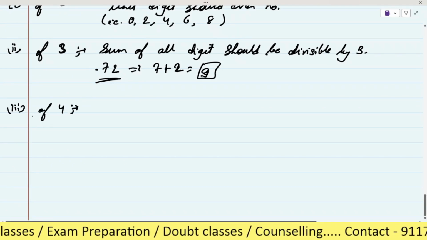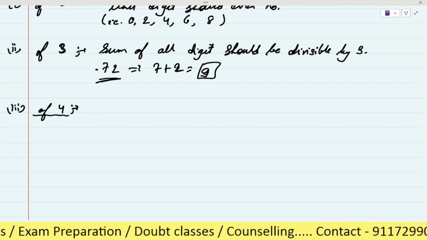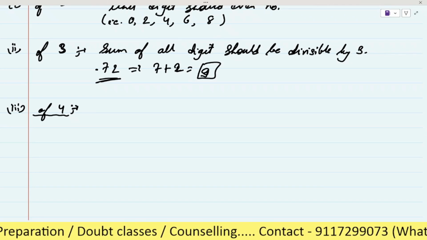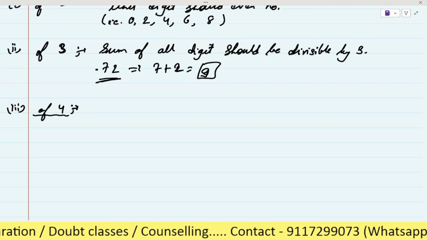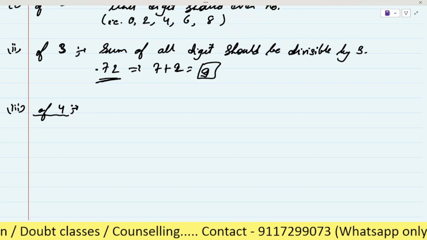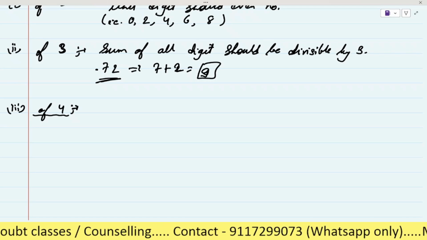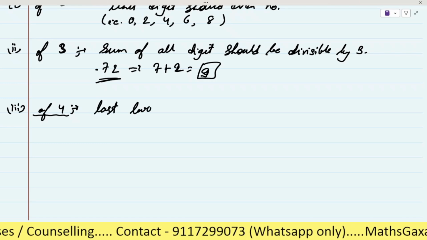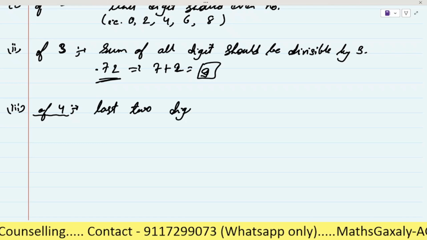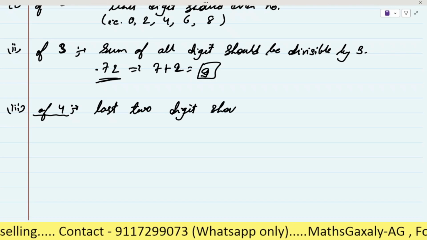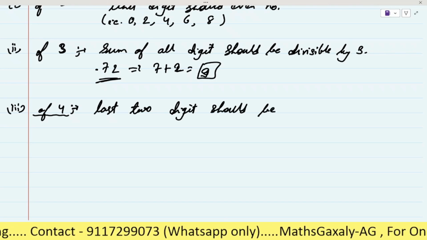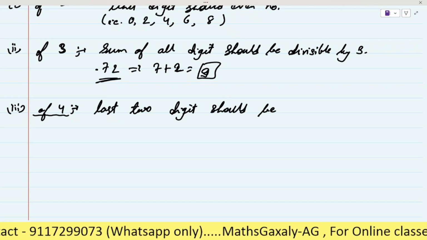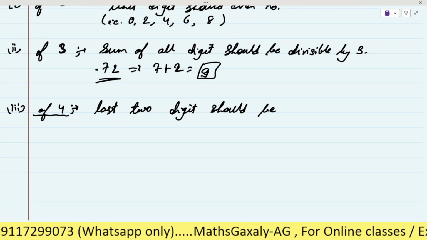Now divisibility rule of 4. What is the divisibility rule of 4? The end digit should be 0, 0. No. Last two digits should be divisible by 4. But if it's 0, 0, it is also divisible by 4, because 0 is also divisible by 4.